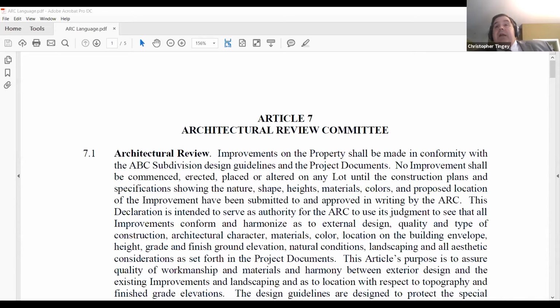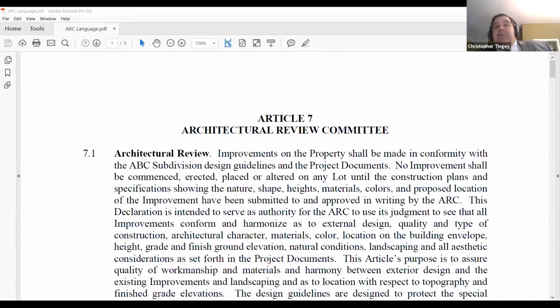Now, the next sentence, often a standard one, is this declaration serves as the authority for the ARC to use its judgment to see that all improvements conform and harmonize as to the external design, quality and type of construction, architectural character, materials, color, location on the building envelope, height, grade, and finish, ground elevation, natural conditions, landscaping, and all aesthetic considerations as set forth in the project documents.